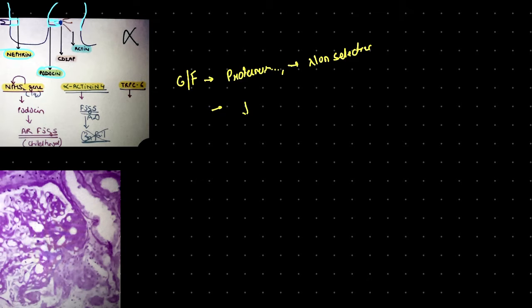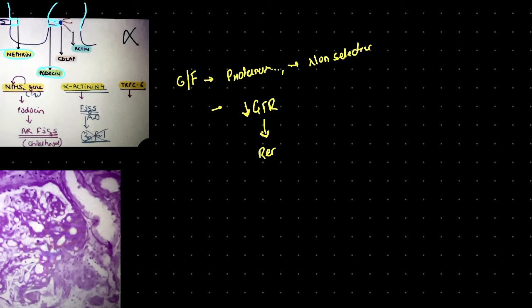Because of this, the glomerular filtration rate will be decreased, due to collapsing or compression of the glomerular structure. As GFR decreases, less fluid or blood goes into the kidney.